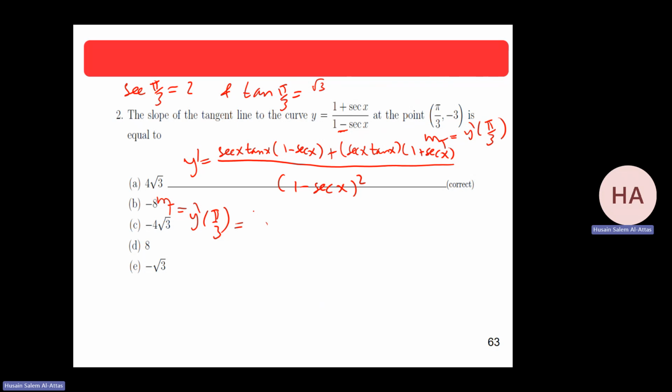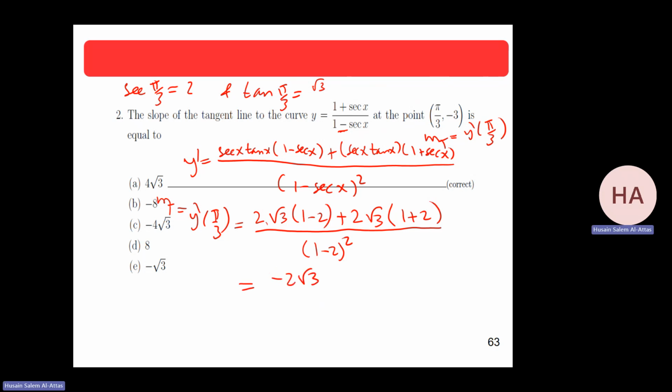Secant pi over 3, that will be 2 square root of 3, 1 minus 2, okay, plus 2 square root of 3 plus 2 over 1 minus 2 squared. So that gives me what? Minus 2 root 3. Here I have what? Plus 6 root 3 over 1. That will be 4 root 3, which is this.